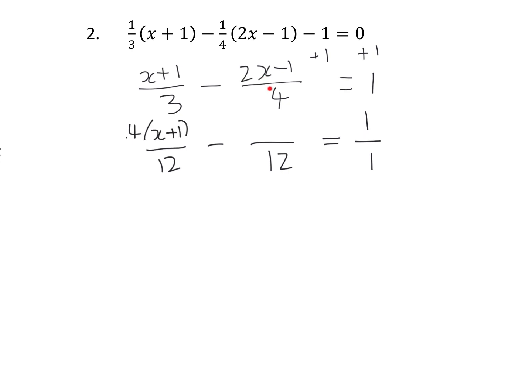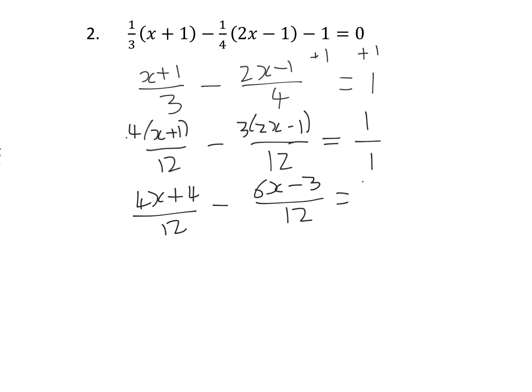Multiply the second fraction by 3. 4 3s are 12, so you'd have 3 2x minus 1s. We can expand those brackets. 4x plus 4 over 12 minus, and then we'd have 6x minus 3 over 12. And that equals 1 over 1.